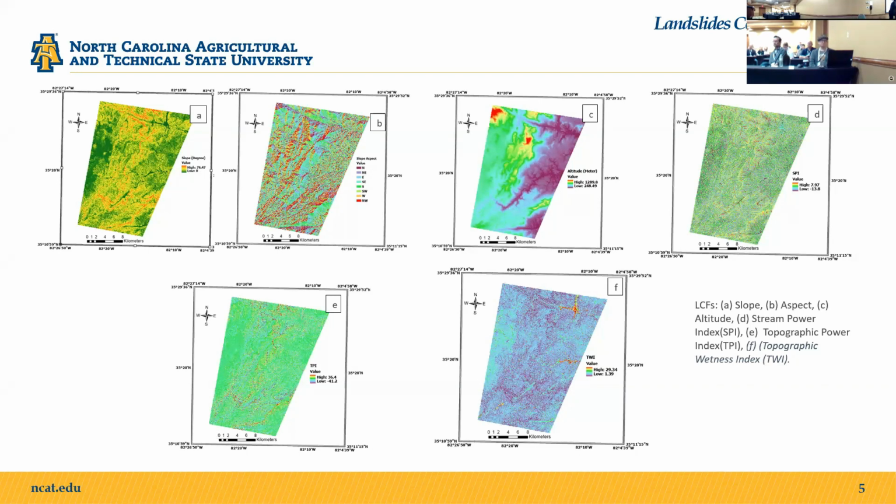Then the topographic roughness index and topographic position index just measure the ruggedness of the terrain. Then the topographic wetness index measures the hydrological process of the terrain.